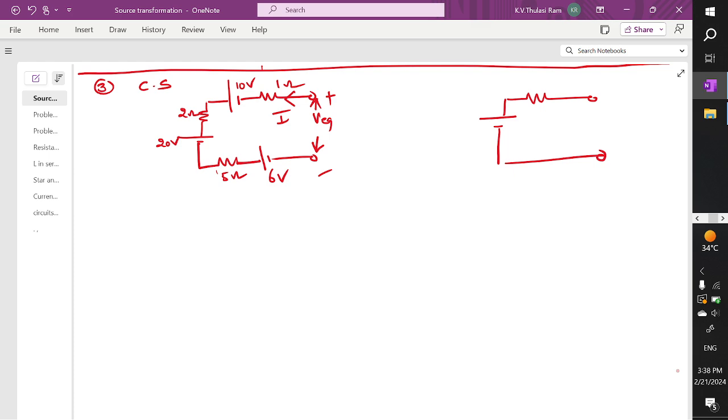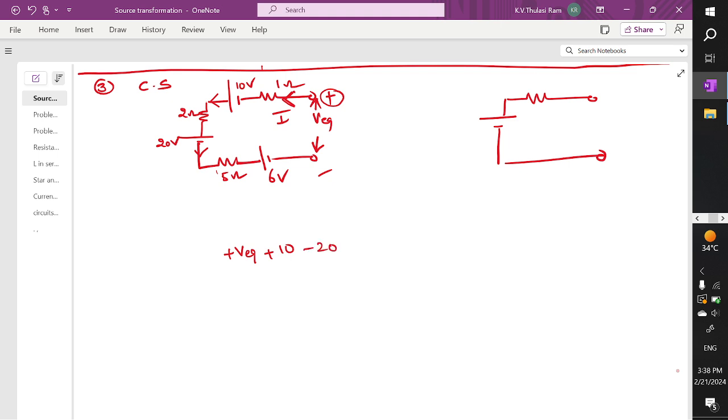Current is leaving. Whenever the current is leaving, what is the leaving polarity? Plus V equivalent. Current is leaving, what is the leaving polarity? Plus 10. Current is entering this resistor and leaving, what is the leaving polarity? Minus 20.